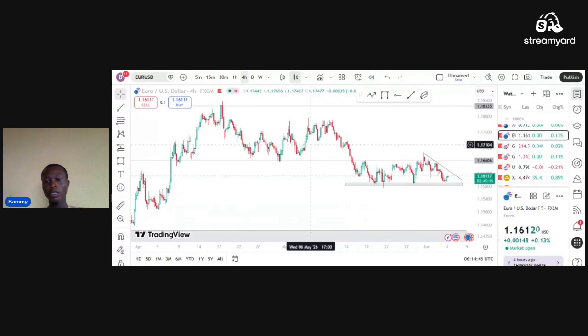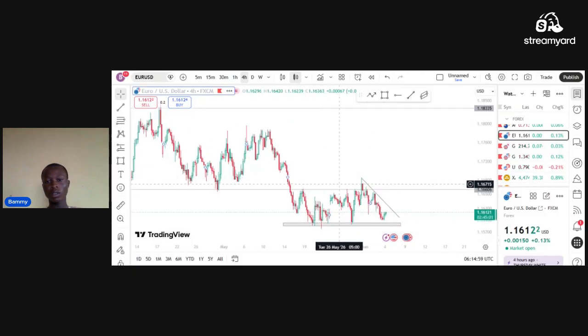So now I can switch down to 1 hour to see the internal part of the market, because I cannot take my trade now. Even if I want to take my trade now, I can just wait for the market to get back to this resistance.